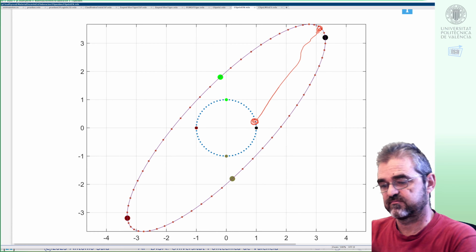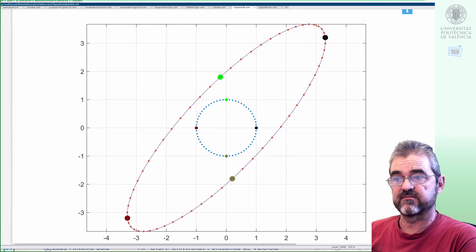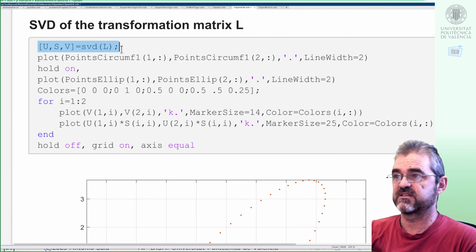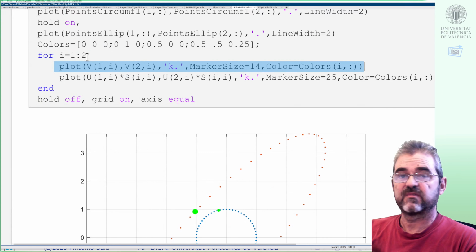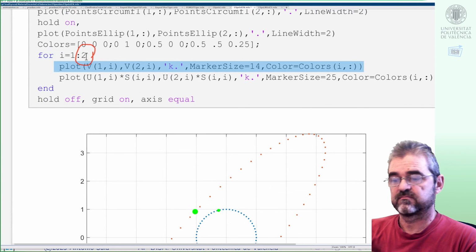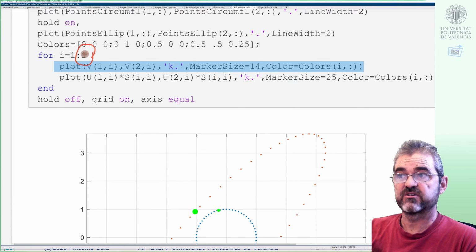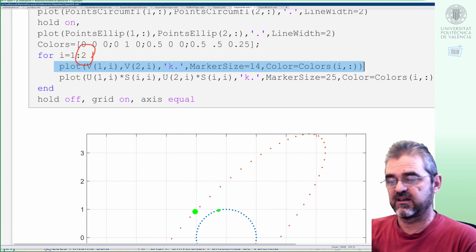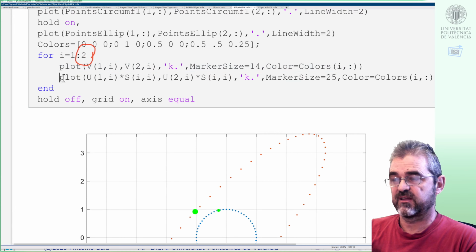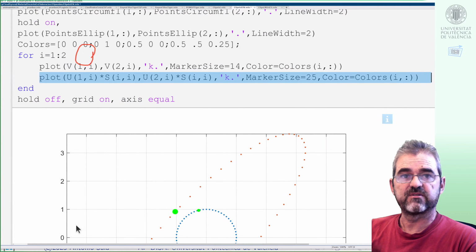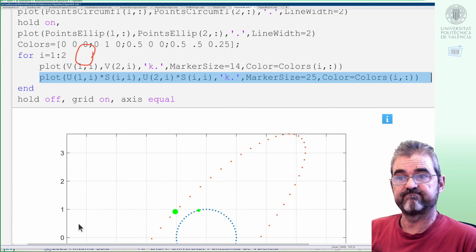If we plot that idea in Matlab, this means that if I carry out the singular value decomposition and I get two principal directions, then this highlighted line will plot the point in the unit sphere, columns of V, and this U times S line will plot the image of that point on the ellipse.